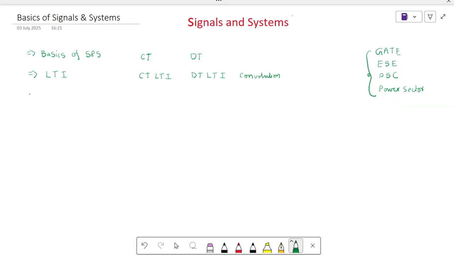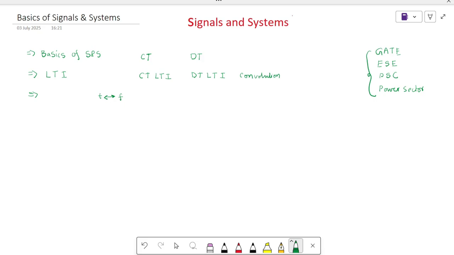In the third chapter we are going for conversion. What is the conversion? Now our intention is converting a time domain signal to a frequency domain signal, as well as frequency domain to time domain. Time to frequency is a forward transformation.